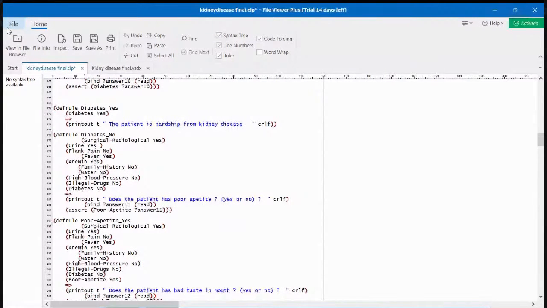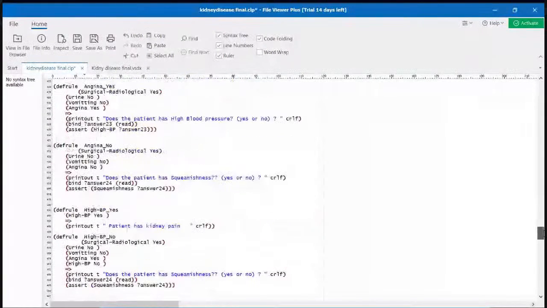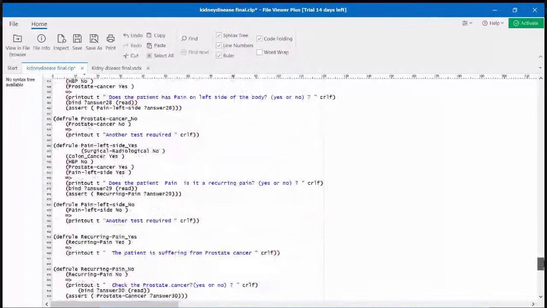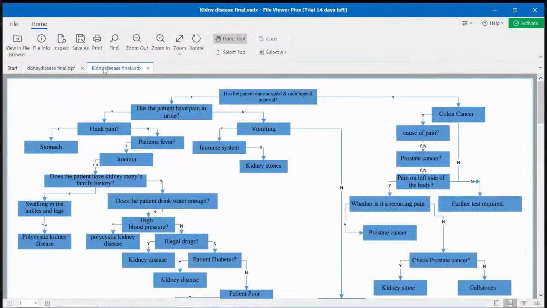All this information about the yes or no questions is in the programming code. The next thing I wanted to show you is the kidney disease decision tree. This is a decision tree that depends on yes or no. For this question, yes goes here, no goes to another question.